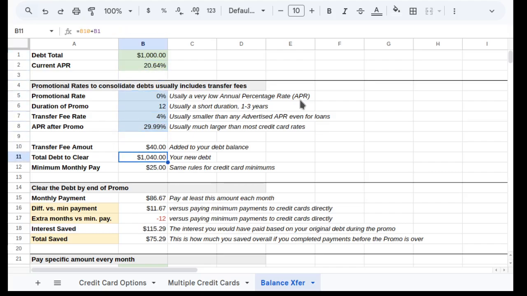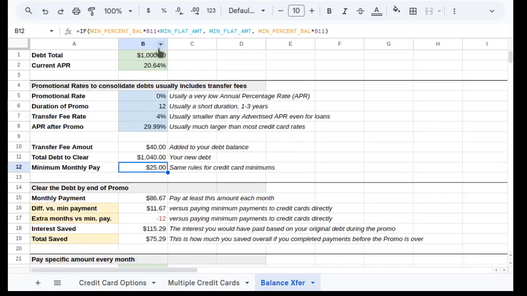So now your total debt to clear is $1,040. Your new minimum monthly payment, based on the same calculations we were doing before: now you're paying 0% on the interest, but you still need to make minimum payments, which is 2% of the 1040, which is less than $25, so we'll just make it $25 as the minimum.